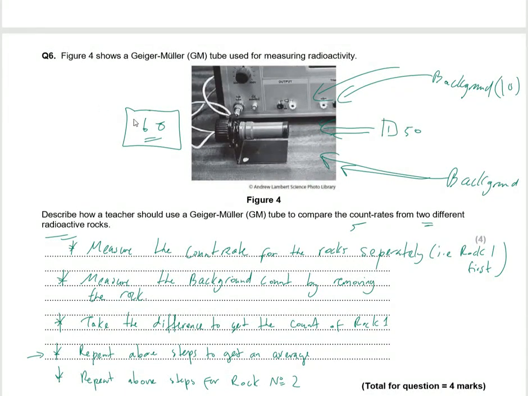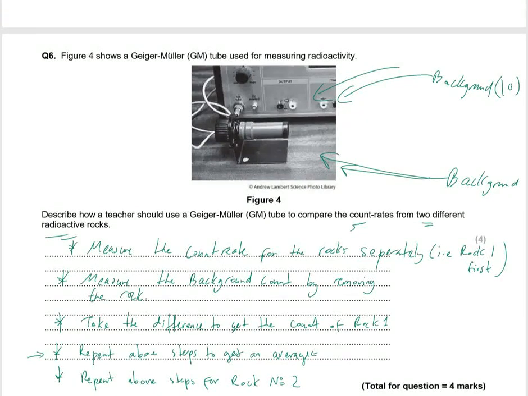However, I just want the 50. I have no idea it is 50. I only see 60. So what I need to do is remove the rock. What do I get? This time on my reading, I get 10. 10 is from the background, so I can easily do 60 take away 10. This gives me 50, and 50 is that of rock 1. Now I'll do this a number of times and get an average. This way I know it is indeed 50 or not. That's the first one.